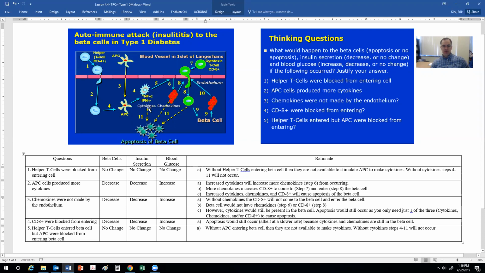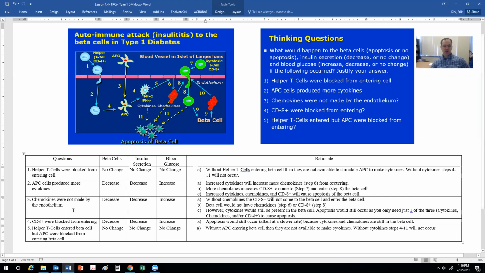So the idea is that you would have more cytokines, more chemokines, and more CD8 pluses. All three of them would act on apoptosis of the beta cell, which would decrease the beta cell, decrease insulin secretion, and increase blood glucose levels, since there would be no insulin to decrease it.